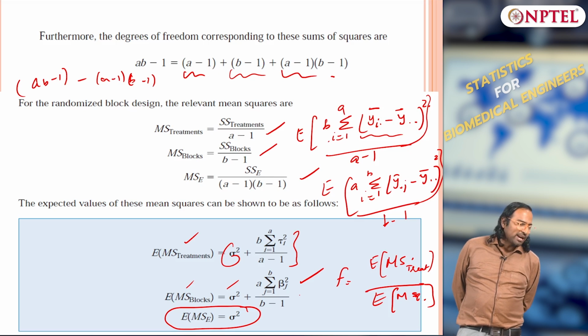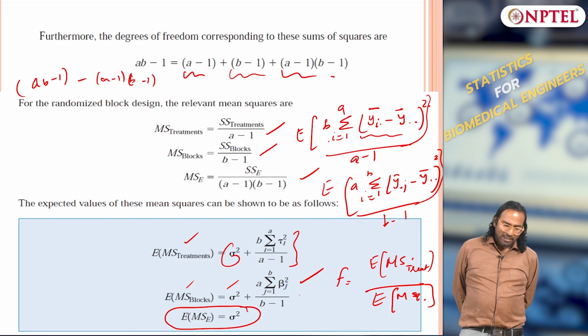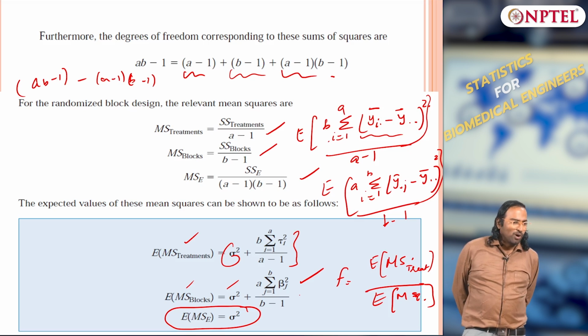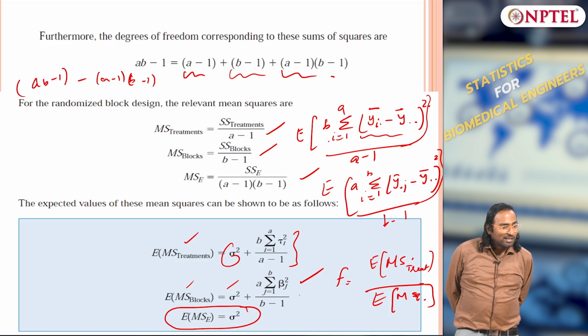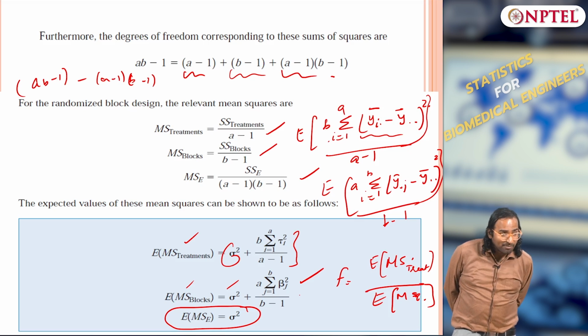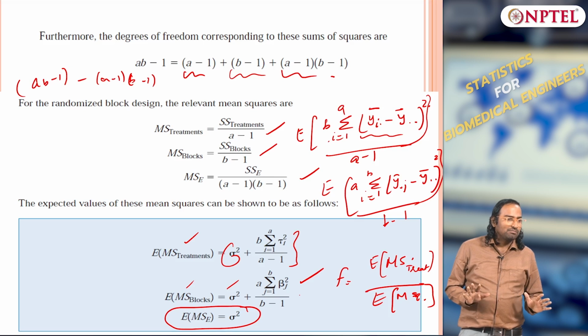So epsilon ij is normal by assumption, and therefore y is normal. The very moment you do an F test, it is a ratio of 2 chi squares, and what is chi square? A summation of squared normal random variables. So all distributions are assumed to be normal.